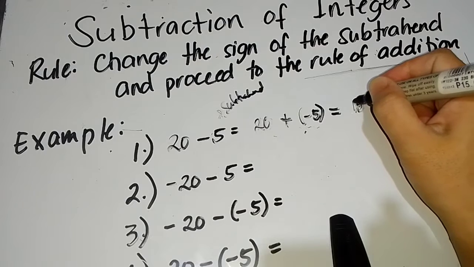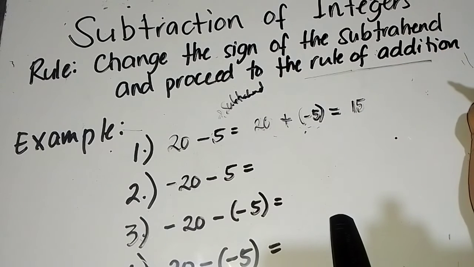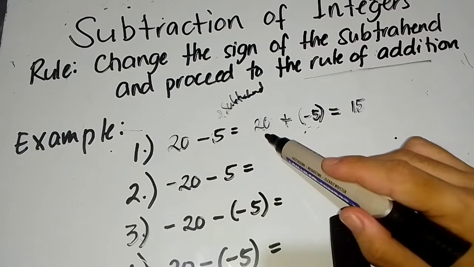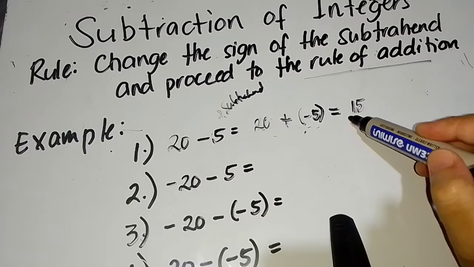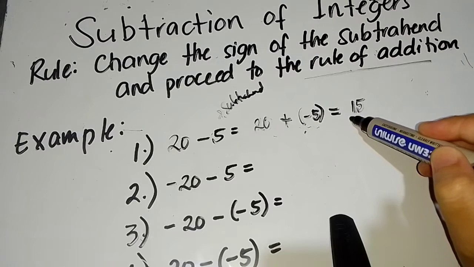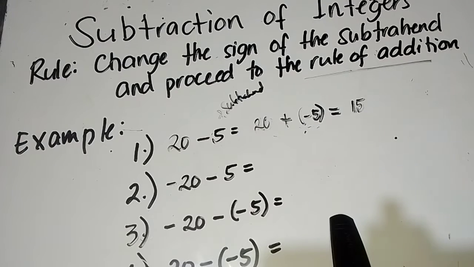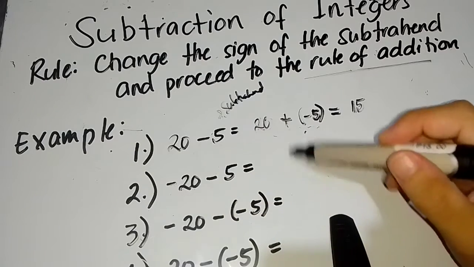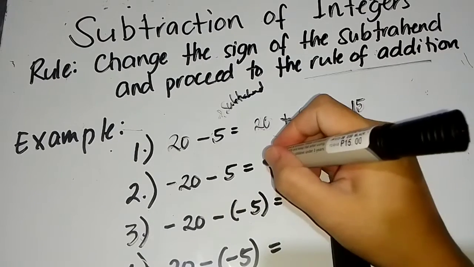And then, copy the sign of the bigger number. The bigger number is 20 and the sign of 20 is positive. Therefore, our answer is positive 15. Next is number 2. Negative 20 minus 5. The same, copy negative 20.